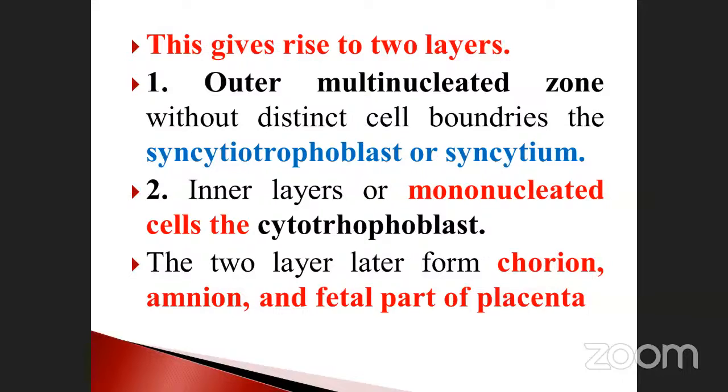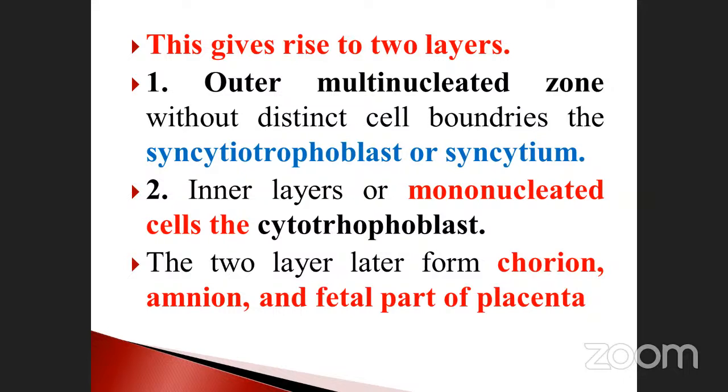Another layer is the inner layer, which is mononucleated. Here the multinucleated, here the mononucleated cytotrophoblast. What is meant by syncytic? Multinucleated. And coenocytic we already studied in lower classes.